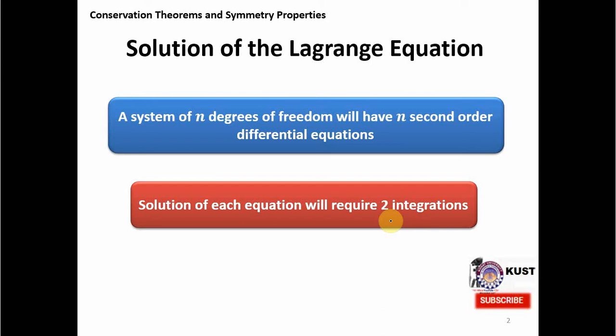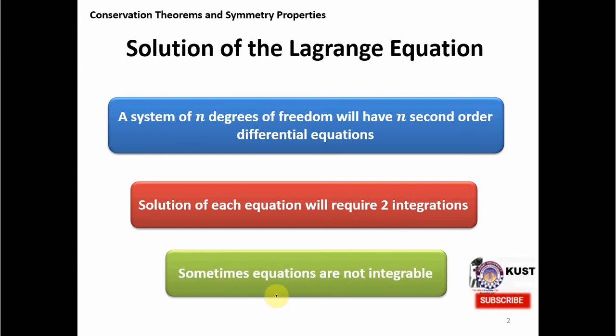And physicists have developed this procedure to get the useful information about the system, although it is not solvable or not integrable. And we use these symmetry properties which are present in the system as a tool to get out this information.